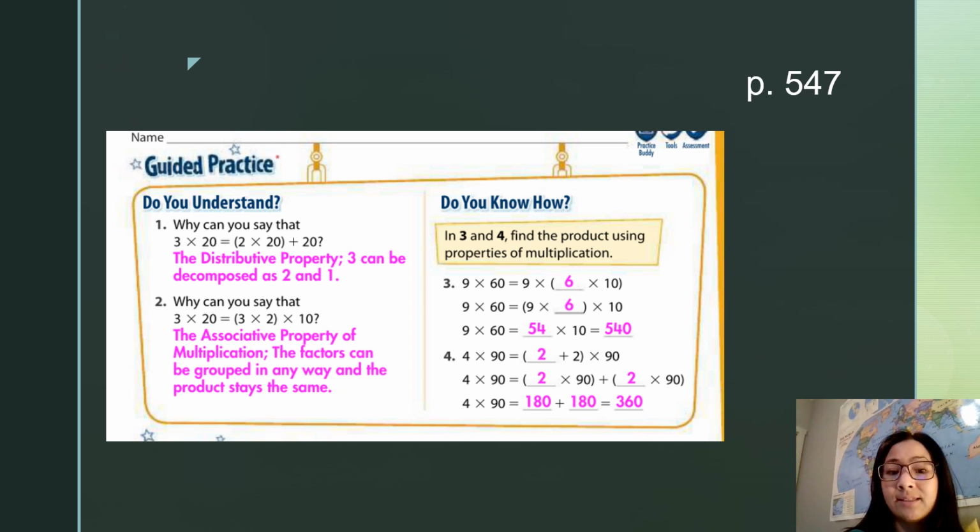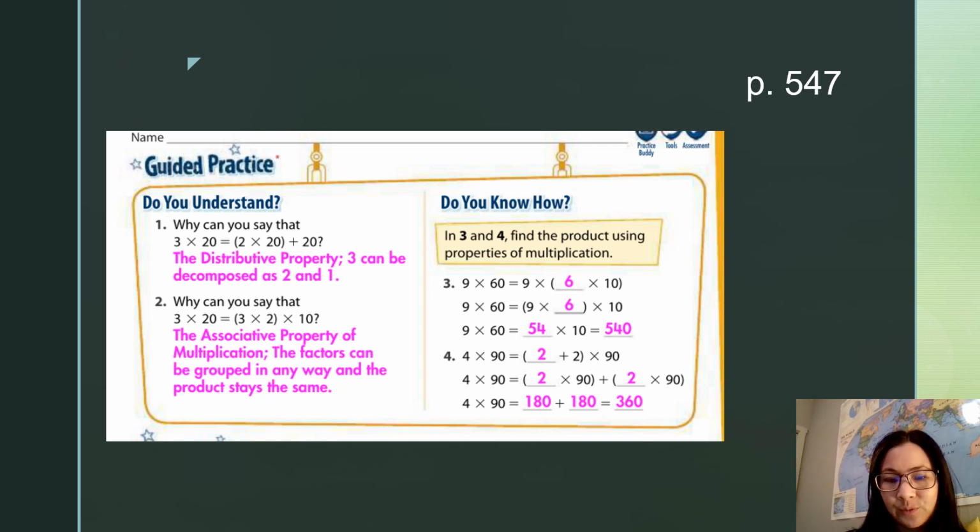So in this case, it's the associative property of multiplication that allows us to say that parentheses 3 times 2 is that if we do that multiplication first, then multiply that product by 10, that's associative property. So it says the factors can be grouped in any way and the product stays the same.